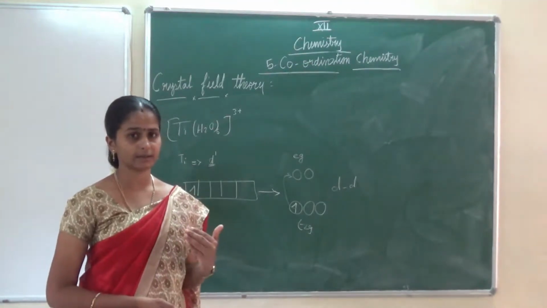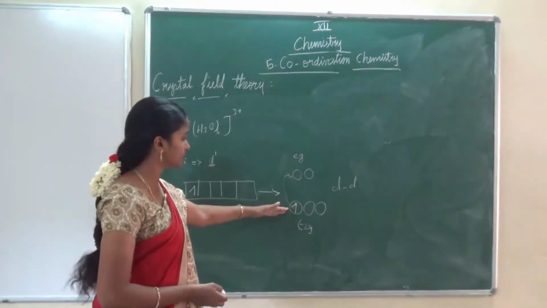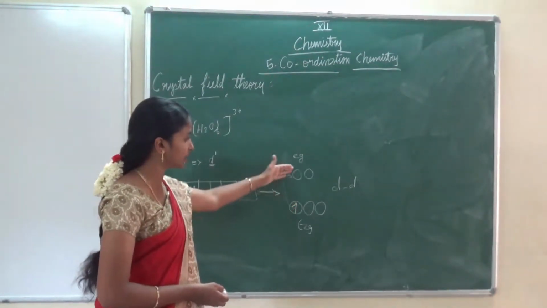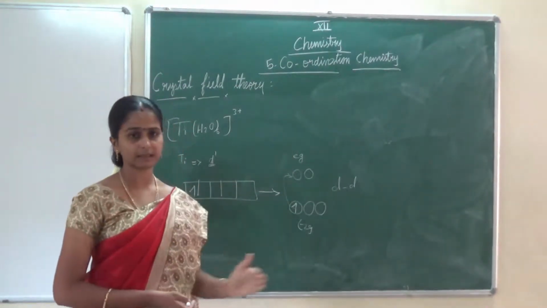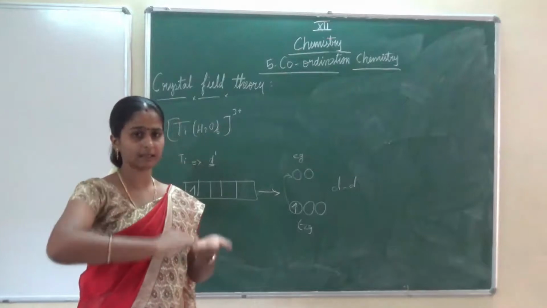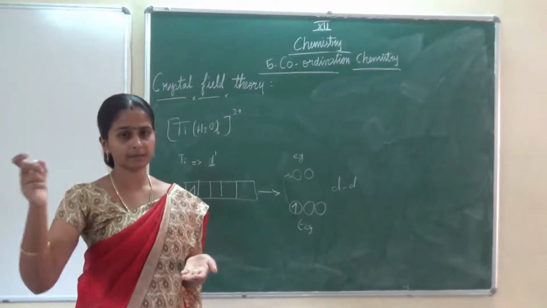Just the d-d transition. When electrons are jumping from here to here, how much energy is absorbed. Again, when it is coming down, how much energy is released, the crystal field splitting energy. Based on that energy, they are giving some colors.